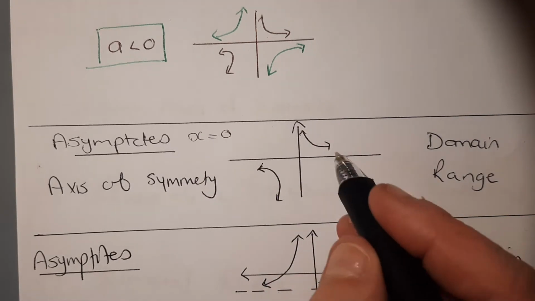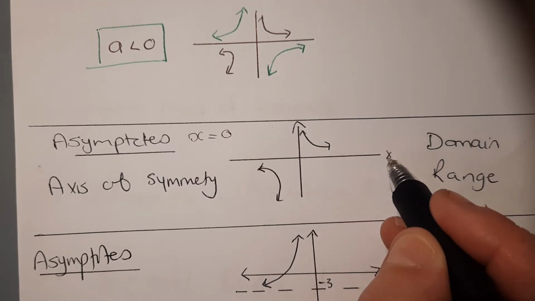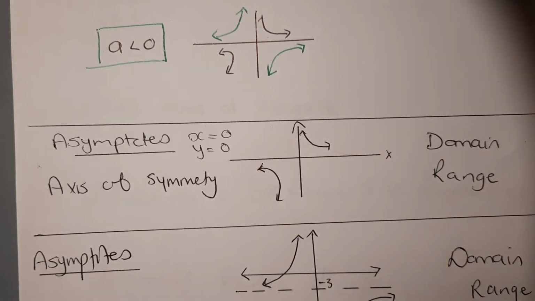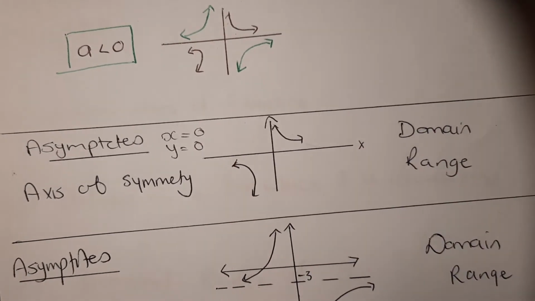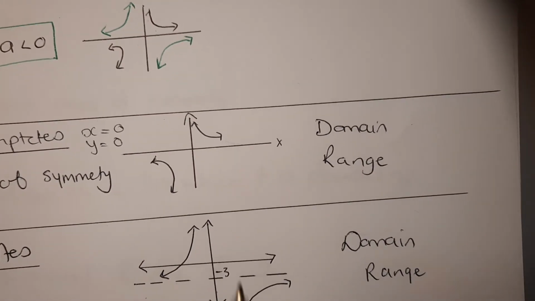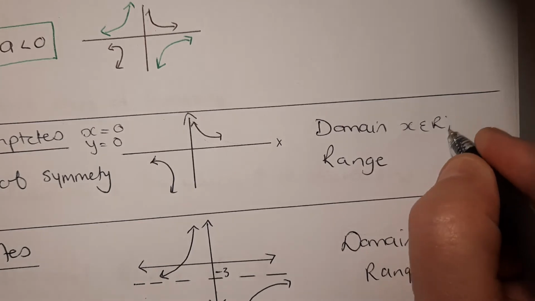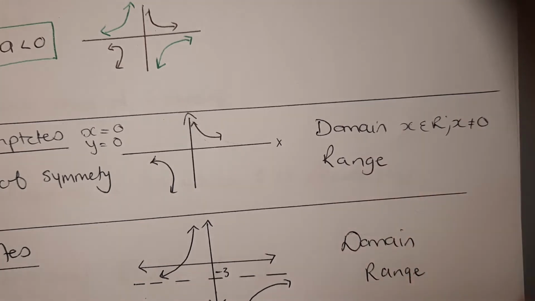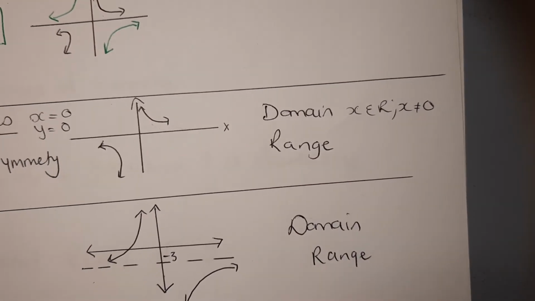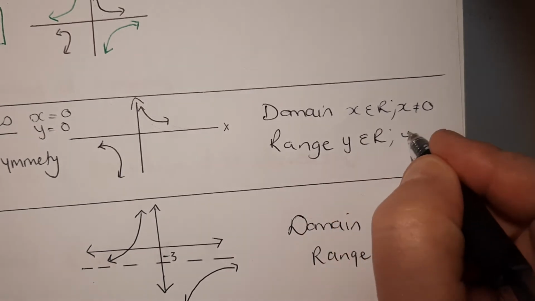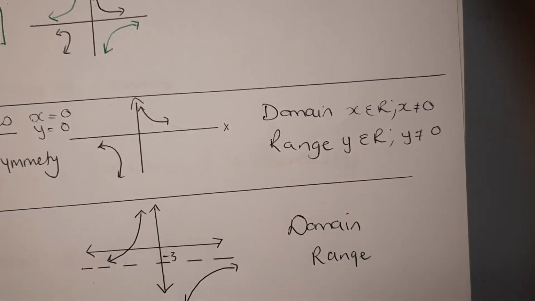And it also moves towards the x-axis, and we say y is equal to 0. If I look at the domain and the range of a hyperbola, all the values of x will be included except for 0. And if I look at the range, all the values of y will be included except where y is 0.